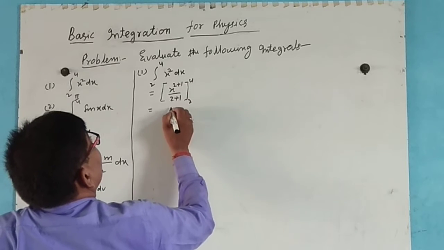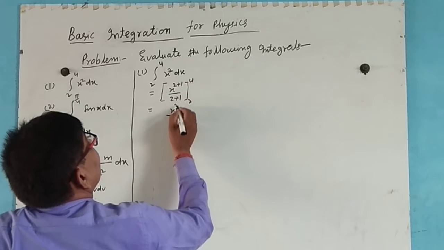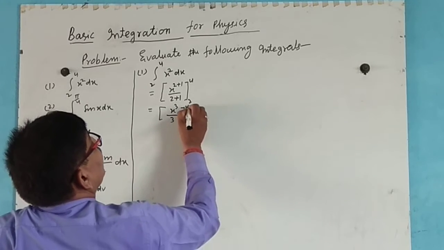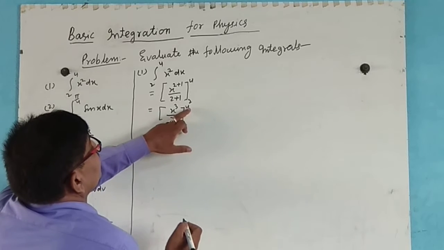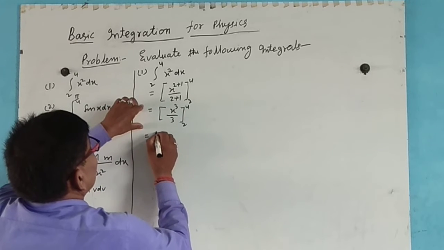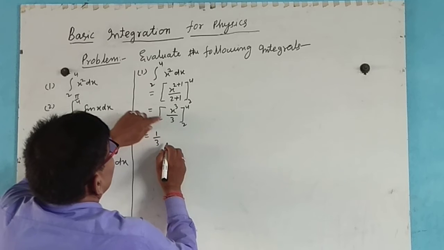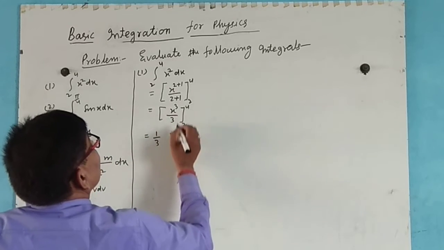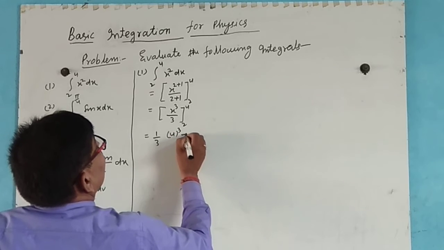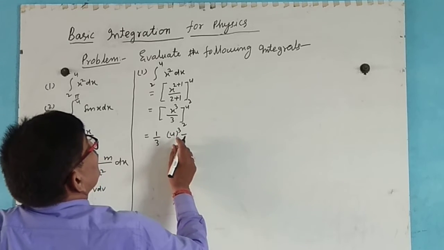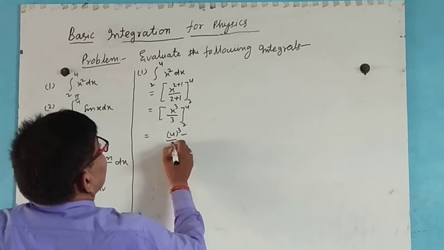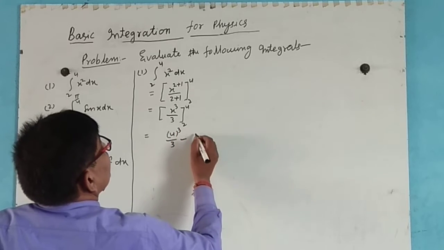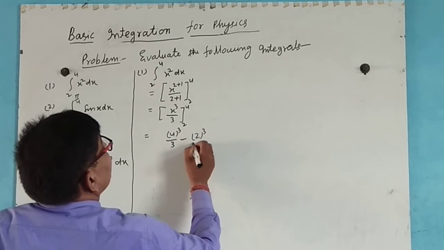Now x to the power 3 divided by 3, from 2 to 4. We put x is equal to 4, here 1 by 3 and 4 to the power 3, minus 1 by 3 and 2 to the power 3.